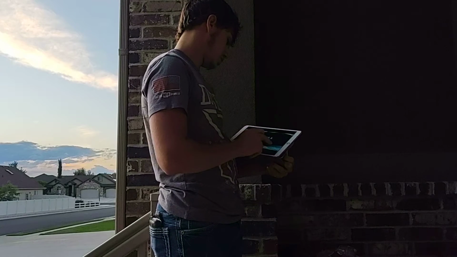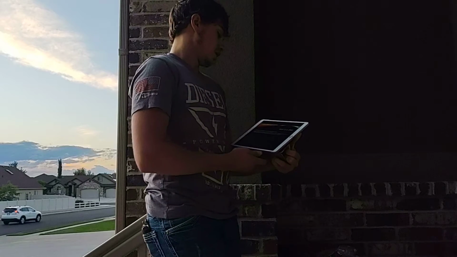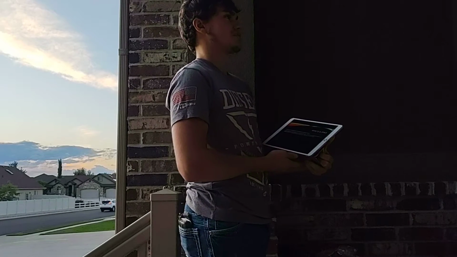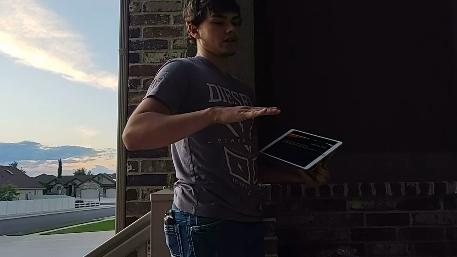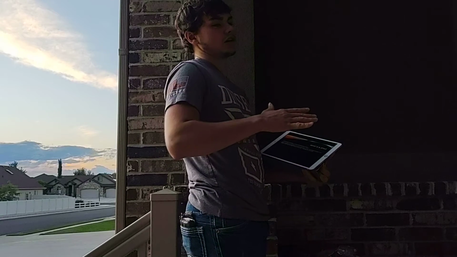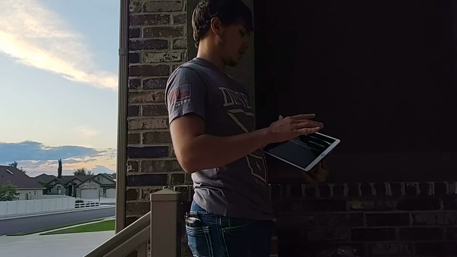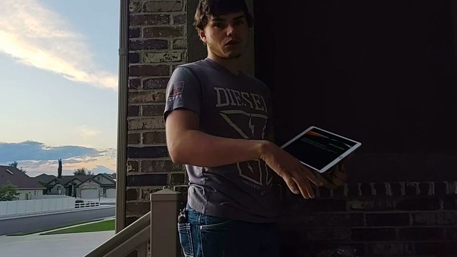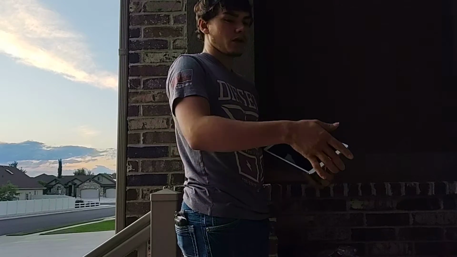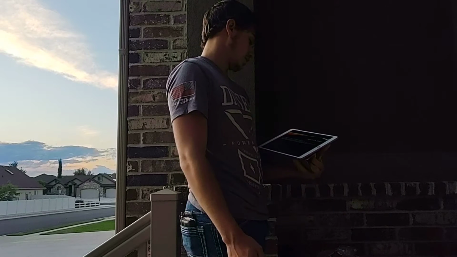So, what is a spin? A spin is basically where you're flying a plane and you get in a situation where your plane is banking or rolling, and it can be clockwise or counterclockwise, but you get to the point where you start spinning down.